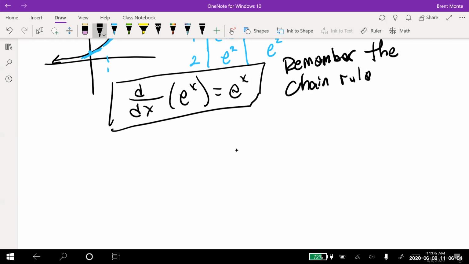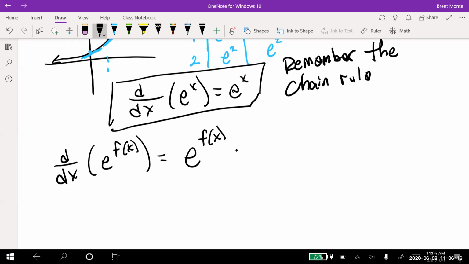If I'm taking the derivative of e to some function, I get back exactly e to that function, but then times the derivative of whatever the exponent was, because that was my composed function. That's the chain rule. And so now we could really say that is the entirety of this section, because it really is.